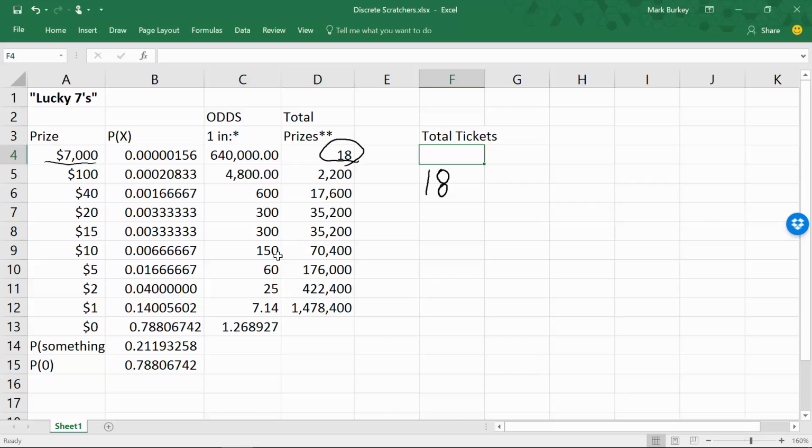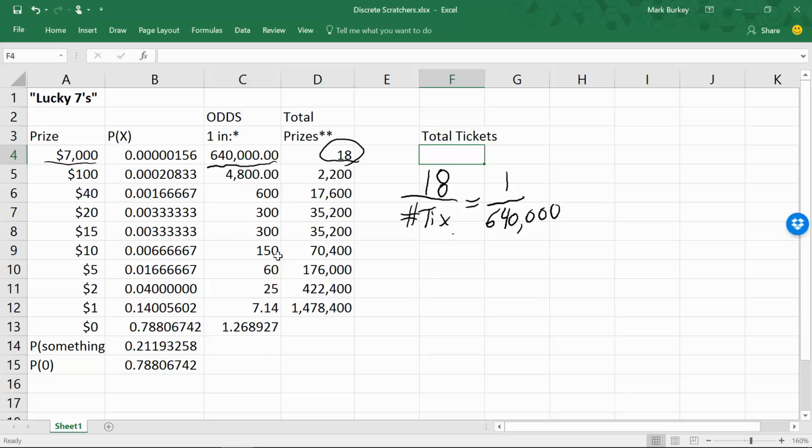And we know that if we take 18 divided by the total number of tickets, that's the same as 1 in 640,000. So we know that 18 out of the total number of tickets is the same as the probability 1 out of 640,000.